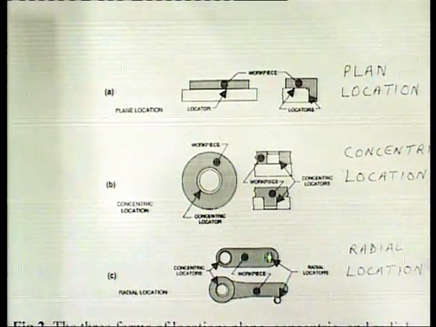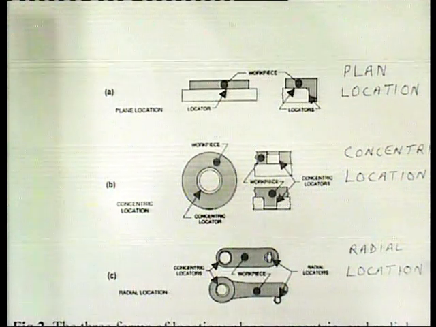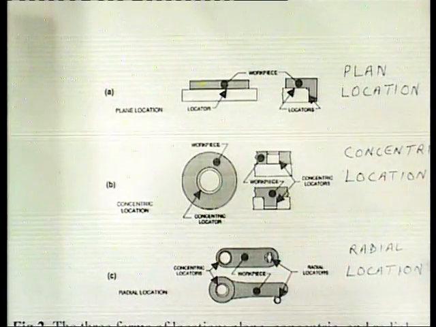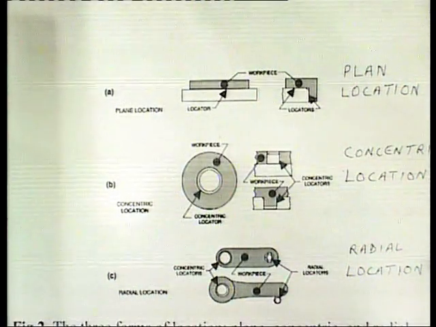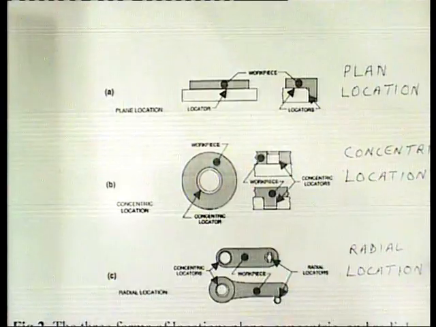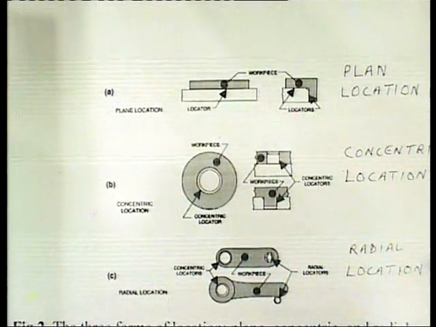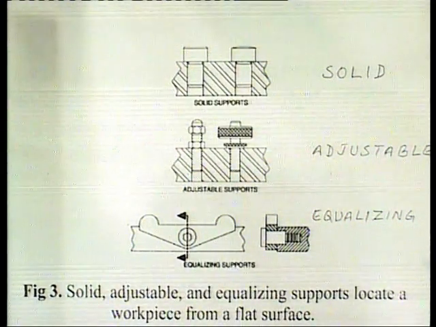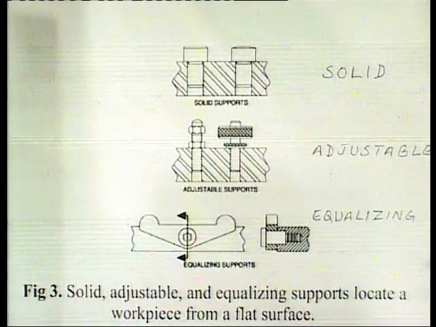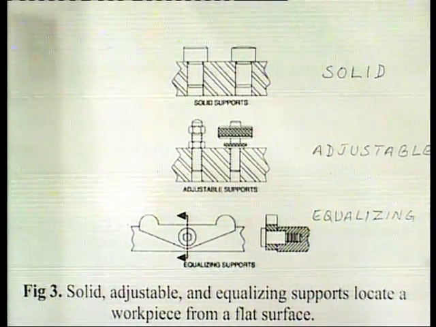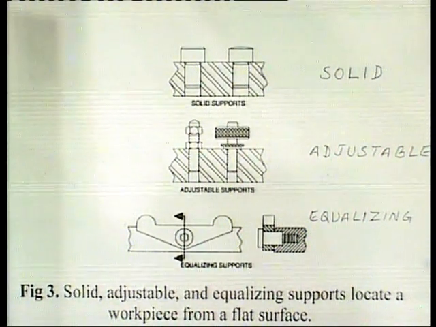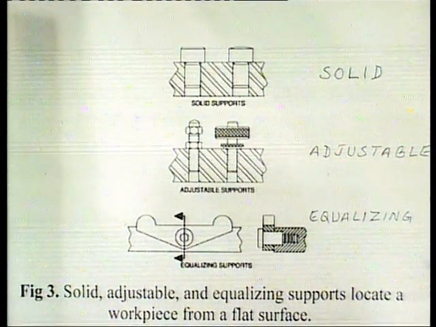Supports are the principal devices used for location. The three major forms of supports are called solid, adjustable, and equalizing supports, as shown in this figure. So, the figure shows the solid supports, adjustable supports, and the equalizing supports.